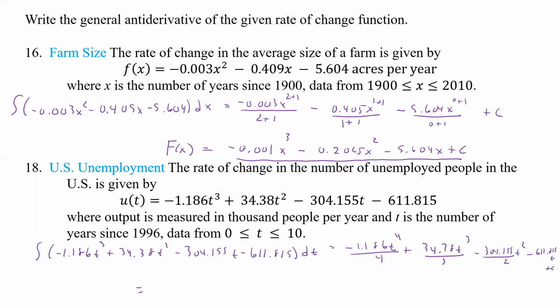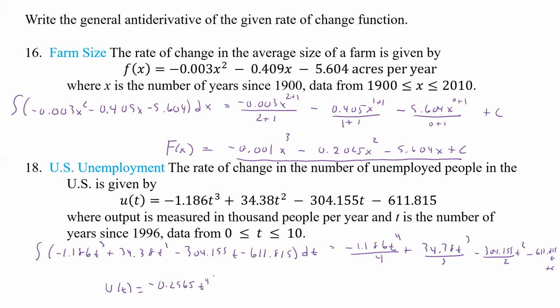So if we do that, we have 1.186 divided by 4. So we get, it looks like our capital U of t is equal to negative 0.2965 t to the fourth.